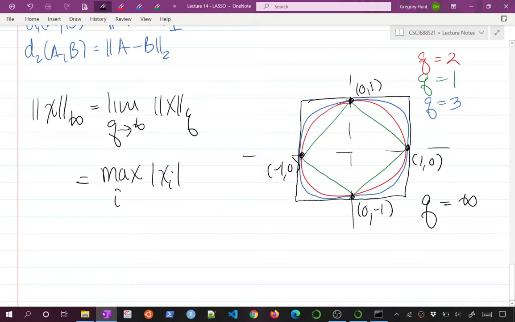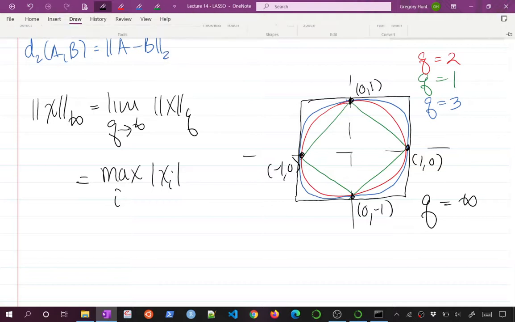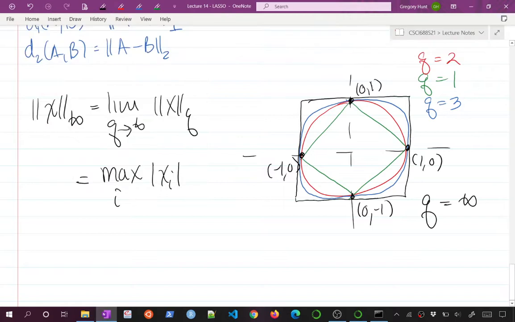On the other hand, you could go inward. I'm going to run out of colors here. Let's get some more colors. Let's see, maybe orange. I could try a value of q less than 1, and I'm going to start getting this weird shape like that. I'm not drawing this well. So this is maybe q is 1/2.